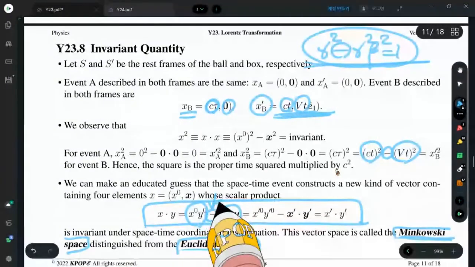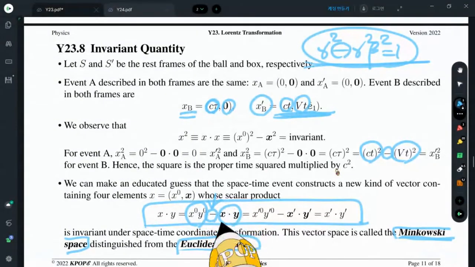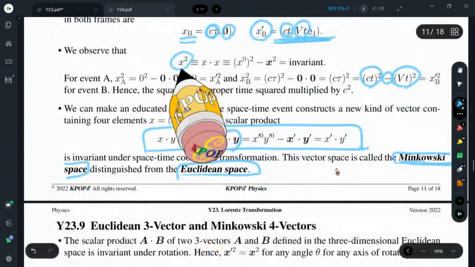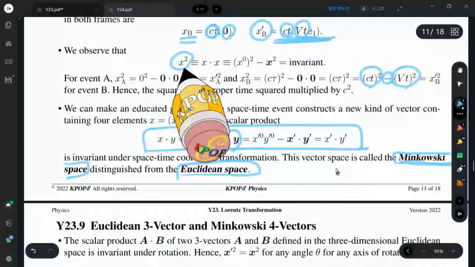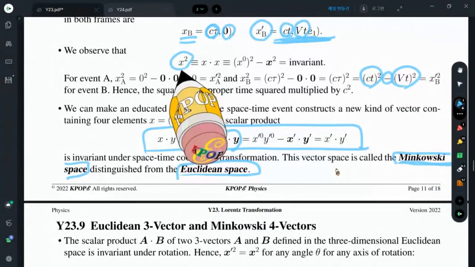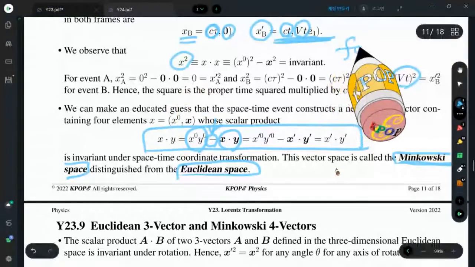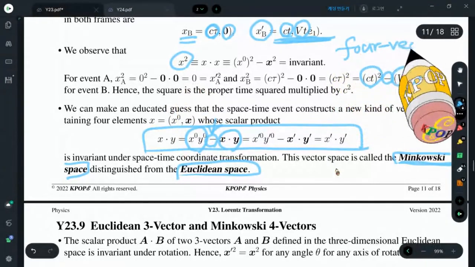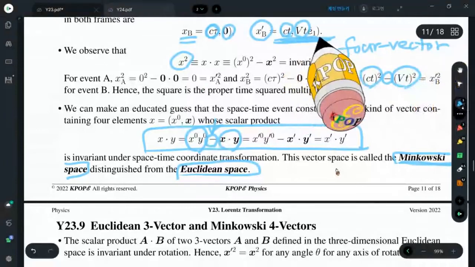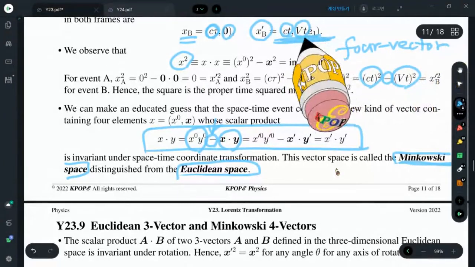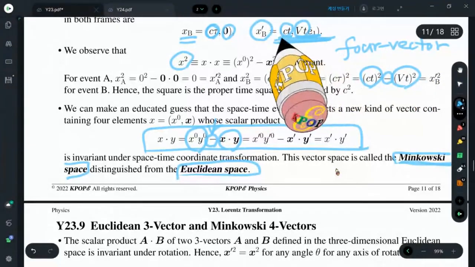So this is a big difference: the sign change between the time and space results in an absolutely different nature, just like the time dilation or length contraction. So we define x squared. This is not the second component, but x squared of a 4-vector. 4-vector means we have 4 components here: Euclidean 3 dimensions and the time dimension.